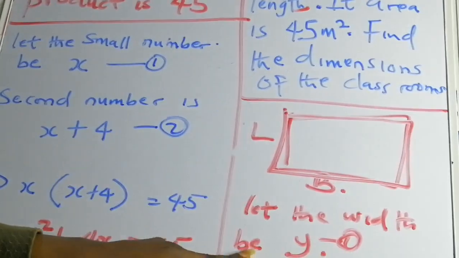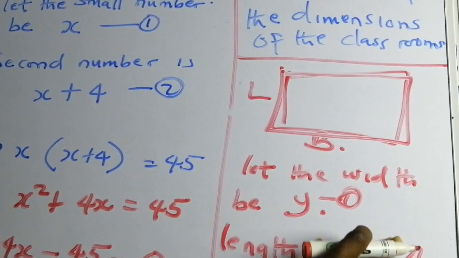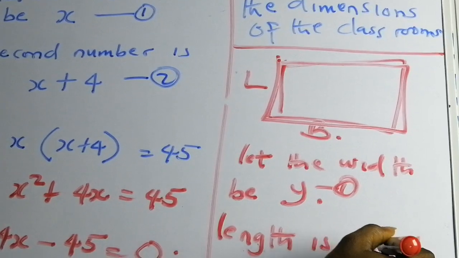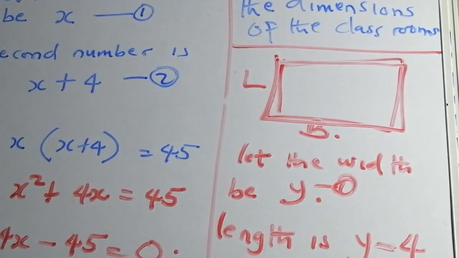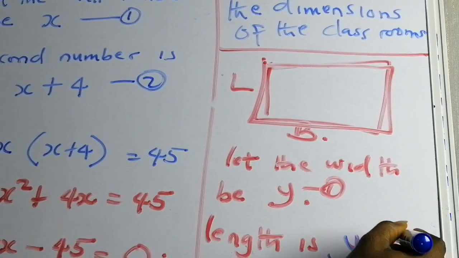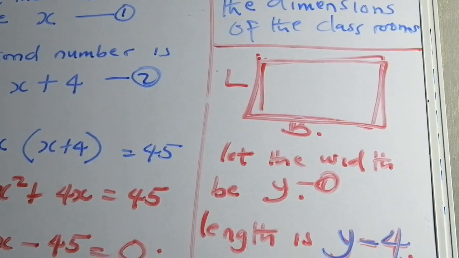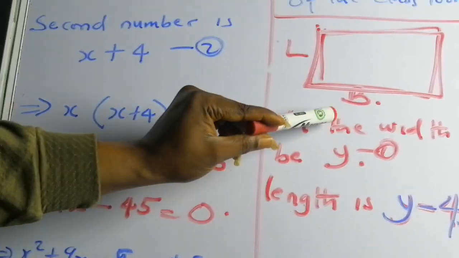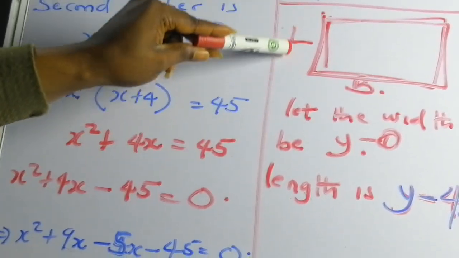So let the width be y, then the length will be y minus 4. It won't be plus, because it's logical: the breadth is longer and the length is shorter.